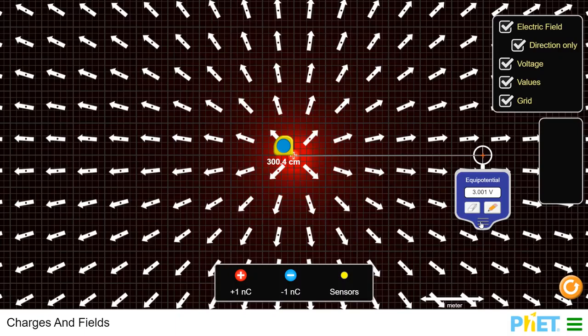So again, what is the magnitude of the electric field if we have an electric potential of 3.001 volts and a distance of 3.004 meters? So let's move on now to the next. We're done with the data table.